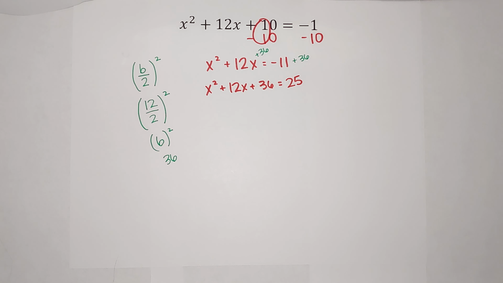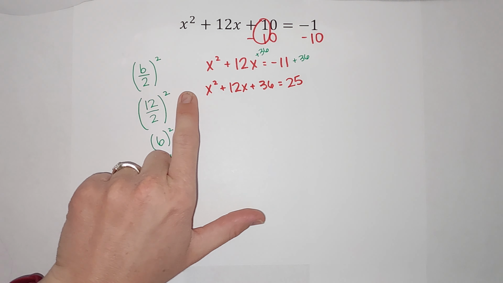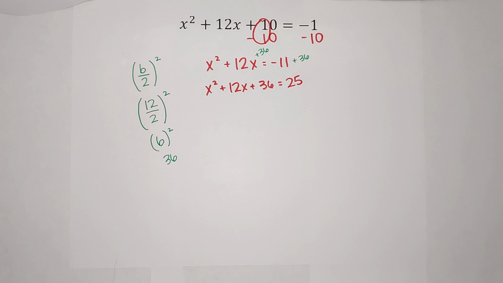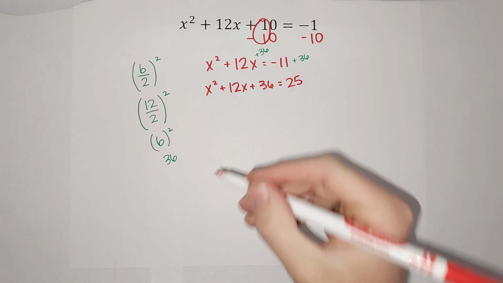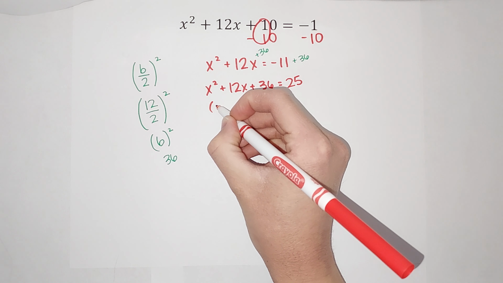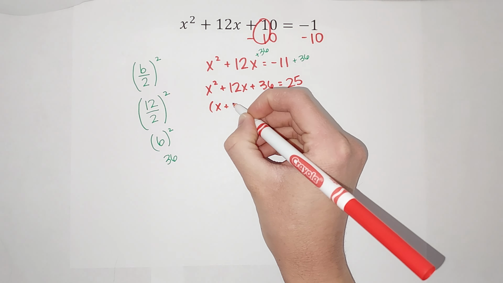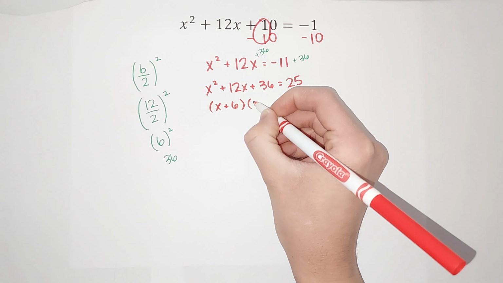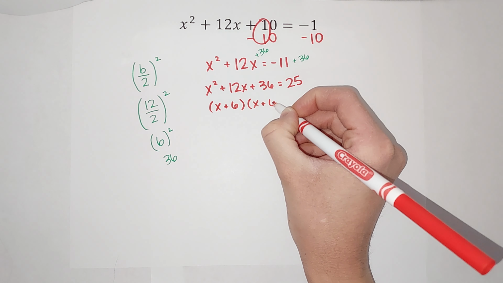Now you could go ahead and factor like normal where you do 36 times 1, what two numbers multiply to 36 and add to 12. You can do it like that. Or because I am completing the square and I did this b over 2 squared, I know that this is going to factor down to x plus 6 times x plus 6.